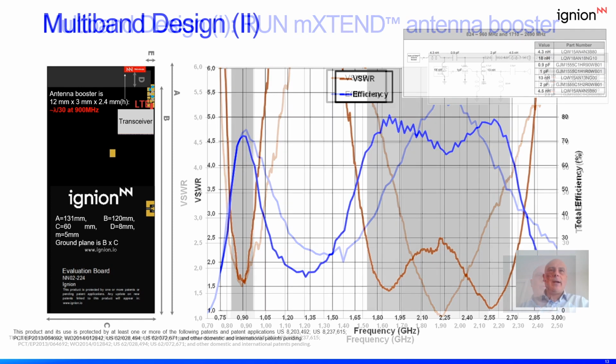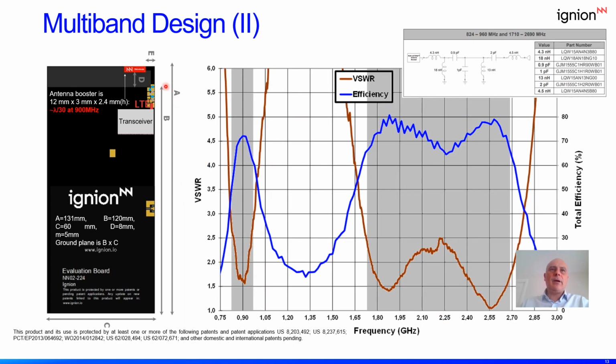What we can do, again, is to design a new matching network. In this case, we have seven lumped components, where we can expand the bandwidth, reaching efficiencies of 70% and beyond in this frequency region of 1.7 up to 2.7. So again, the matching network plays a very essential role in shaping the frequency response of your device.